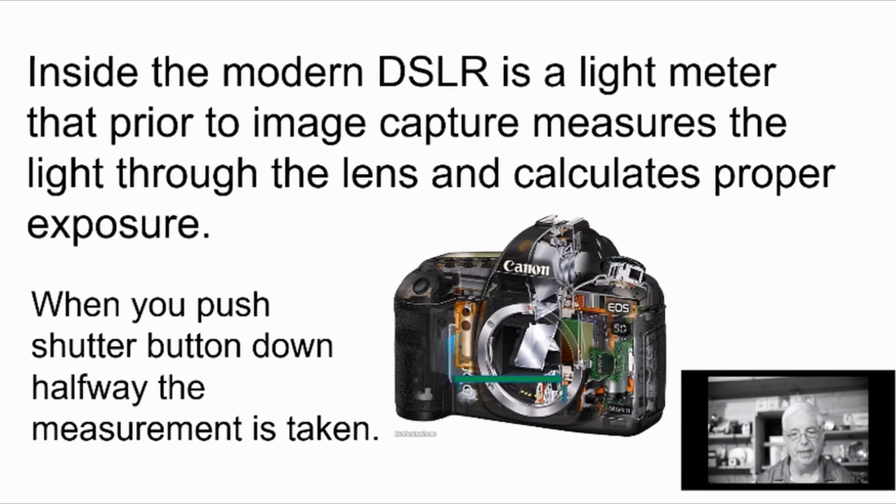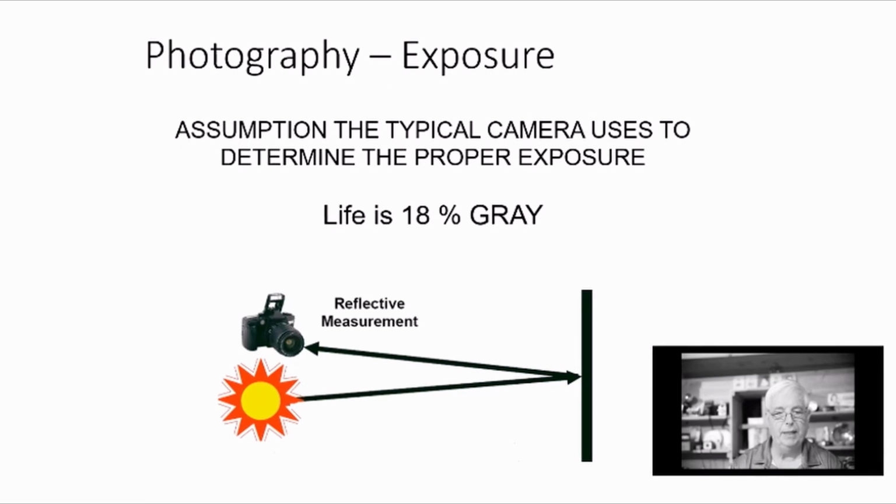Sometime in the late 1800s, there was a decision made, probably made at Kodak at the time, that was the assumption that on average the world reflects 18% of the light that strikes it, because what we are measuring in our meter is the light reflected off the subject that goes into the camera.